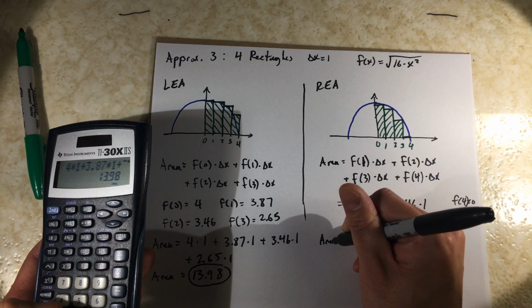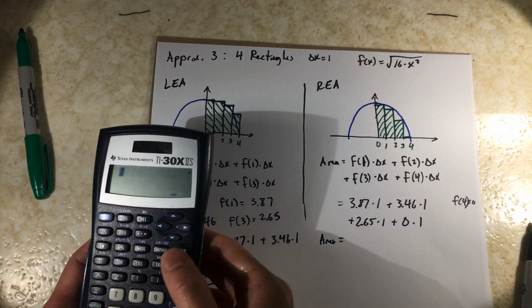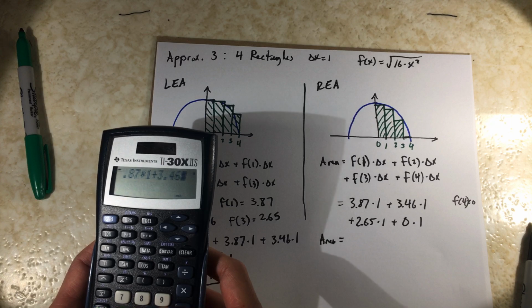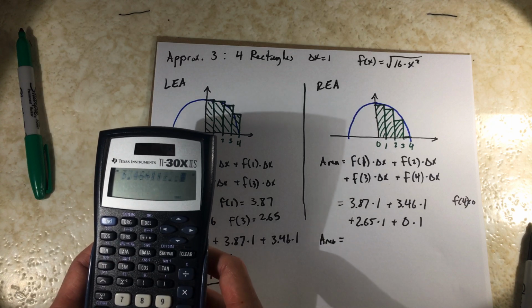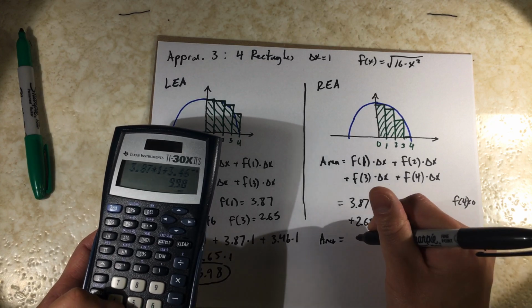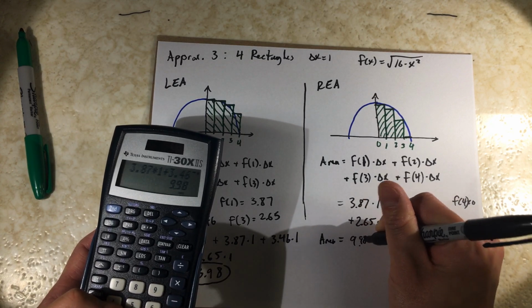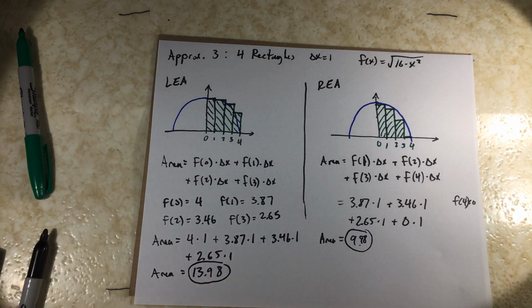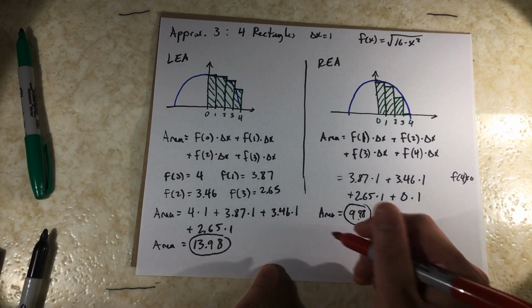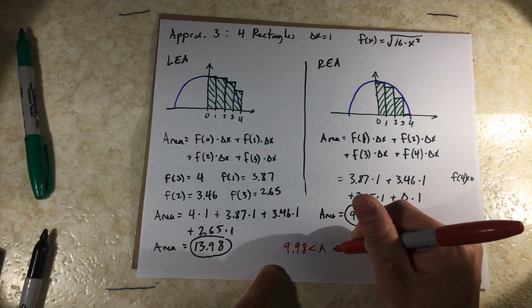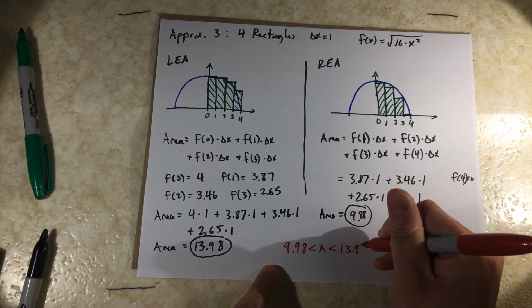So the area is 3.87 plus 3.46 plus 2.65, which is 9.98, and that's what I got in my notes. So we know our upper and lower bounds are getting more and more accurate: 9.98 is less than the area, which is less than 13.98.